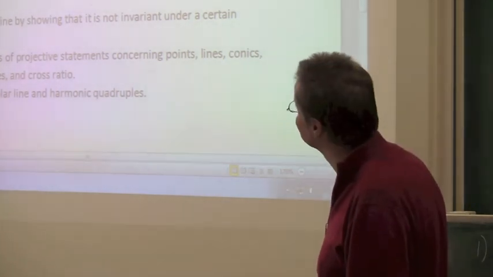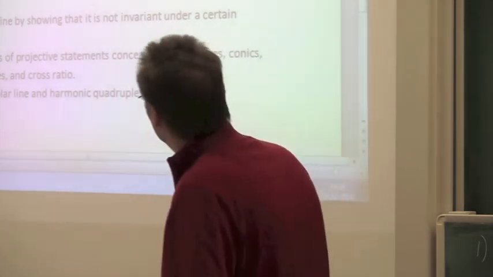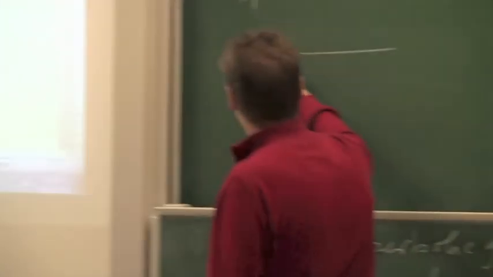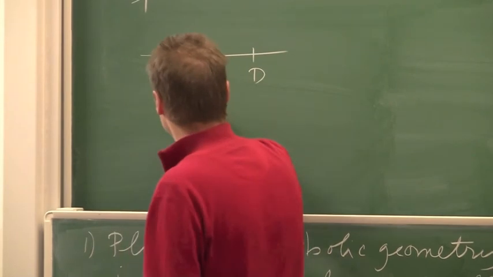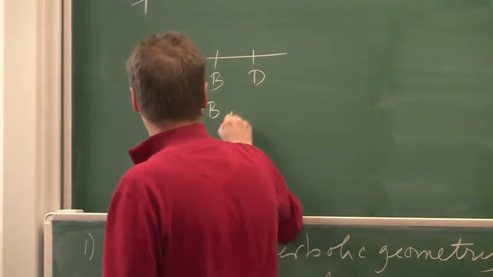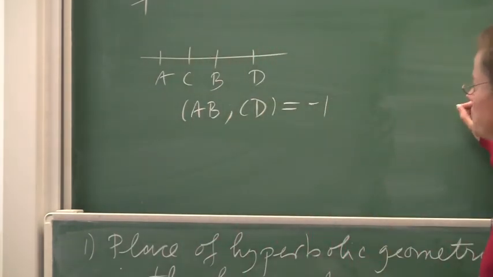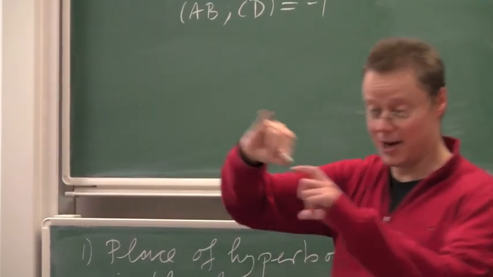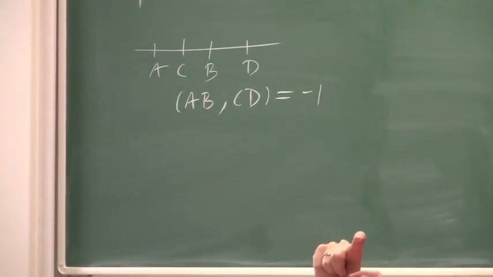What's the fourth harmonic? The fourth harmonic is the following. Suppose that this cross ratio is -1. Then we know that they alternate. A pair AB separates a pair CD.